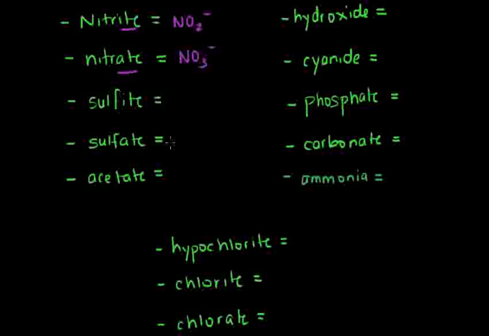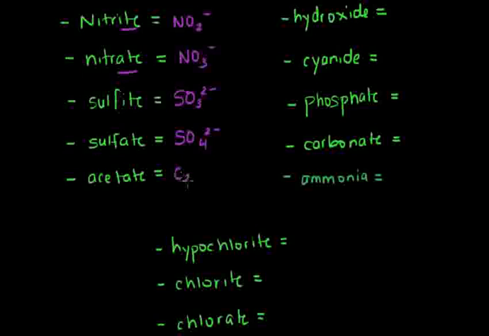And we'll see that continue in our next example. Sulfite is SO3 2 minus, while sulfate, you can guess, SO4 2 minus. So if you can figure out one of these, then you can figure out the next one in this series.